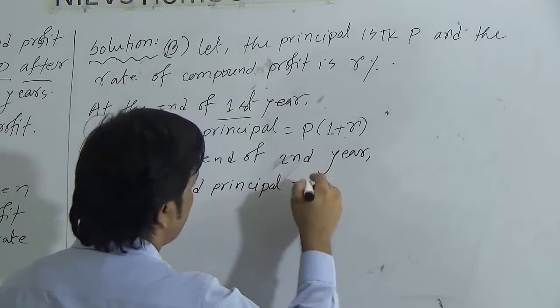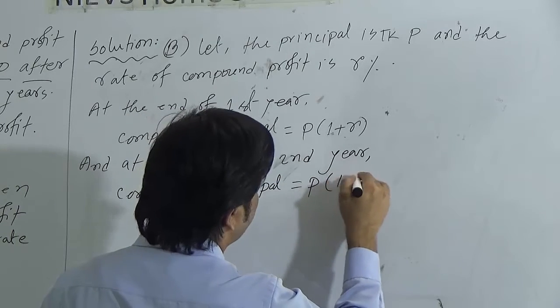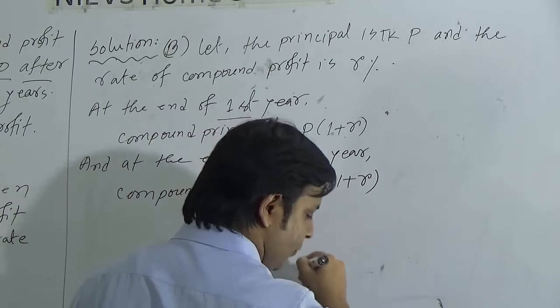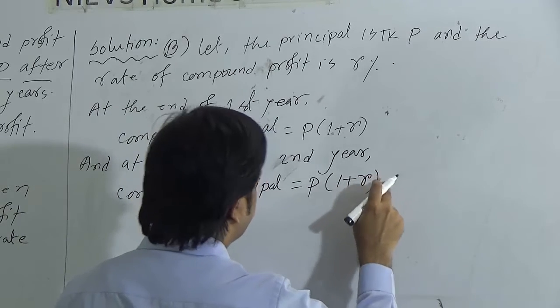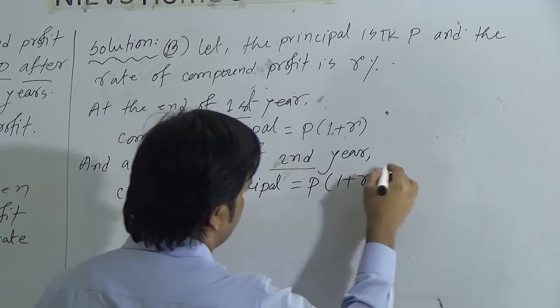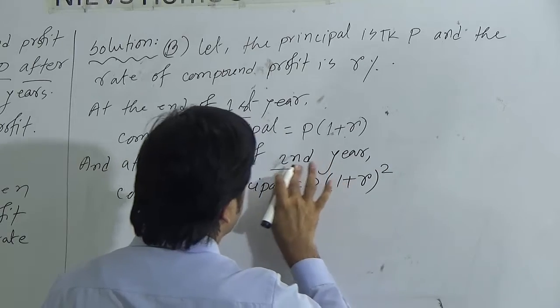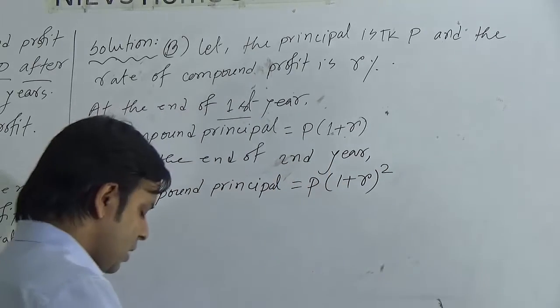That will be equal to P into 1 plus R. In case of formula, we know P into 1 plus R whole to the power n. As I have written here second year, we have to write the value of n is 2.